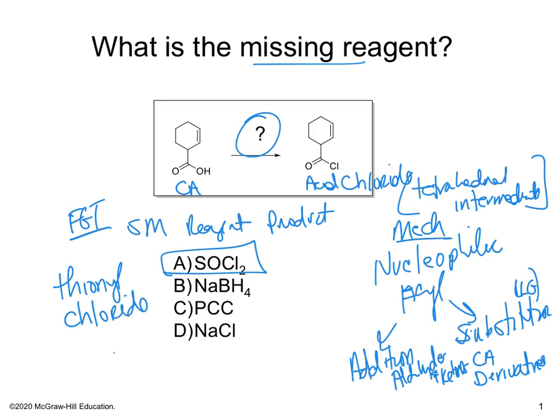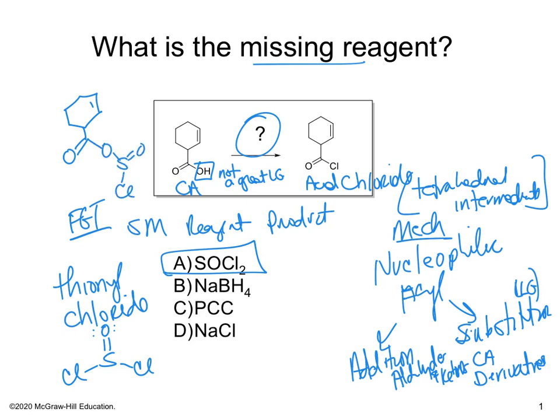And what does that Lewis structure look like? What's happening here is the OH is not a great leaving group. So thionyl chloride makes a derivative such as this, and then the Cl.